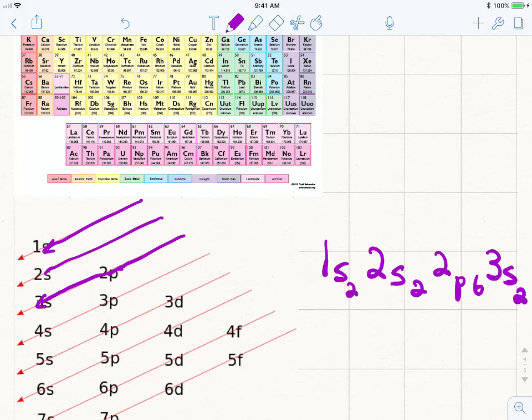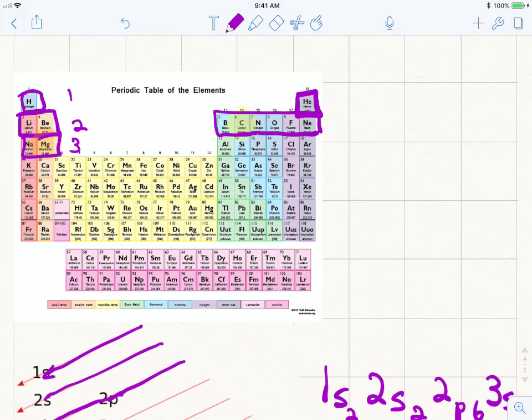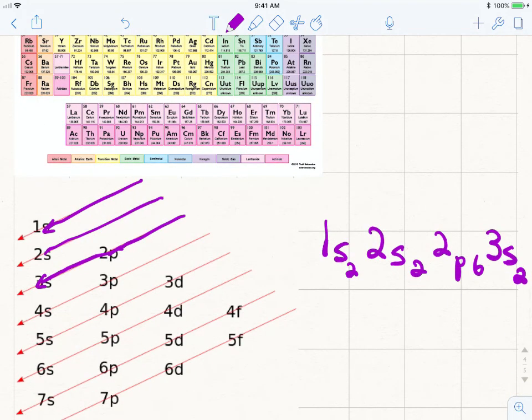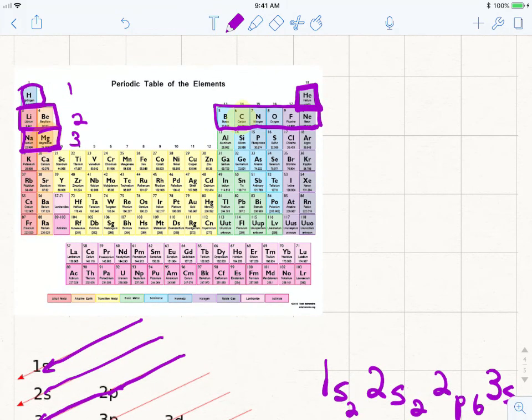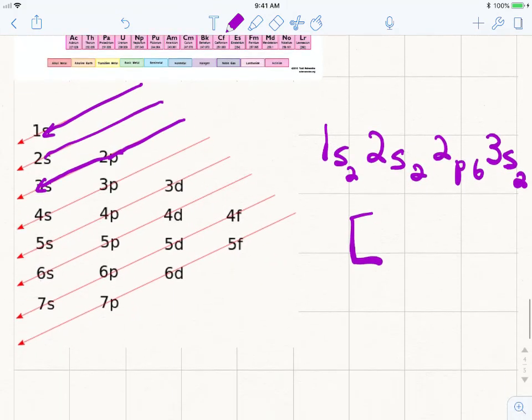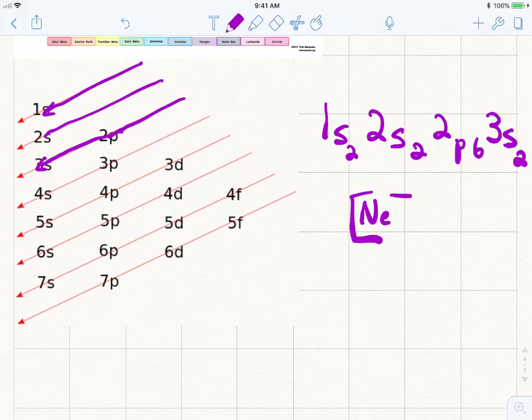So we're done. Another way of writing this, rather than going to the process of writing 1s2, 2s2, 2p6, because that's going to be the same for any atom after this, is we can use that noble gas depiction. So our last noble gas here was neon, so we're going to write neon 3s2, just like that.